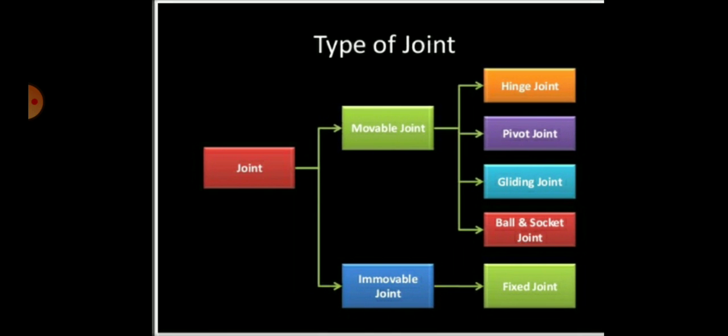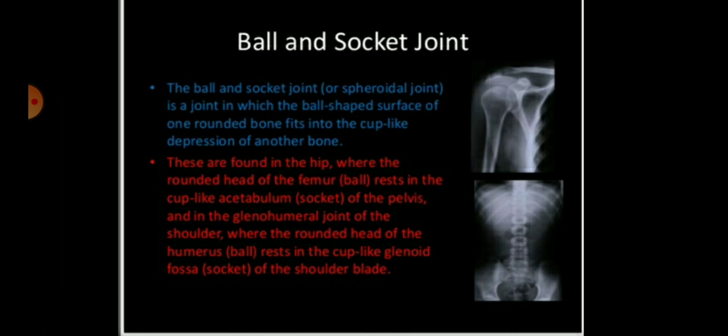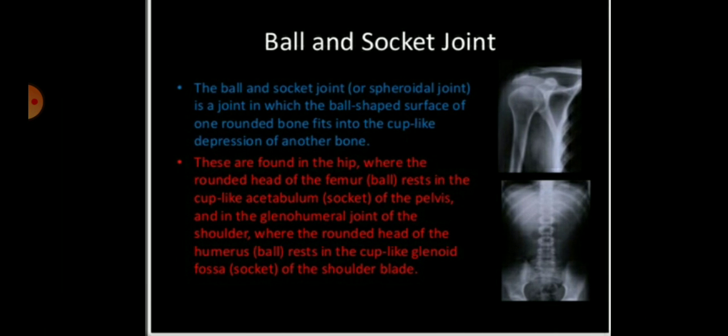And we know there are different types of joints present in our body, with two major categories: movable joints and immovable joints. The movable joints are the hinge joint, pivot joint, gliding joint, and ball and socket joint. The immovable joint is the fixed joint. So, children, the ball and socket joint is a joint in which the ball-shaped surface of one rounded bone fits into the cup-like depression of another bone.